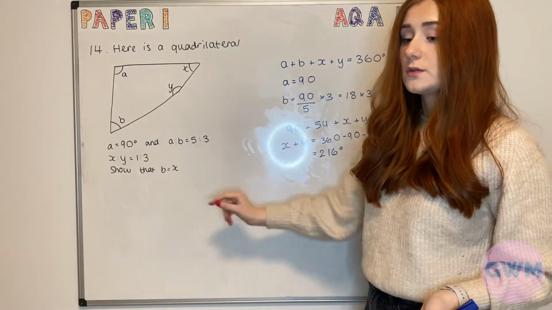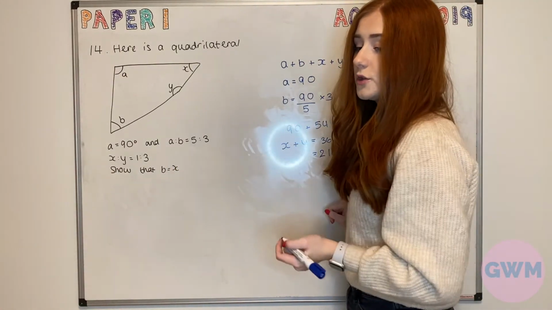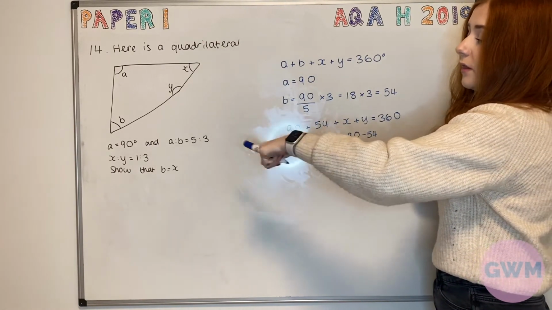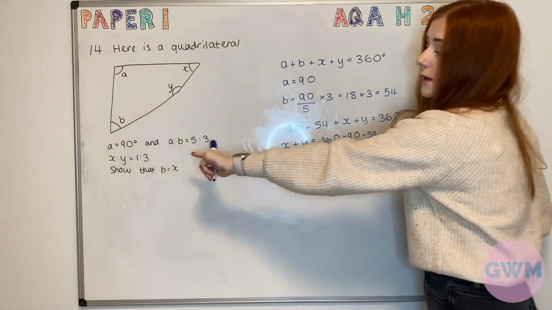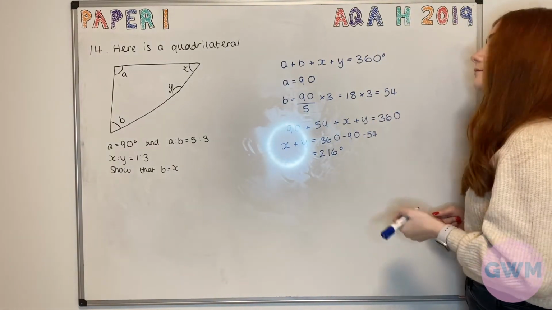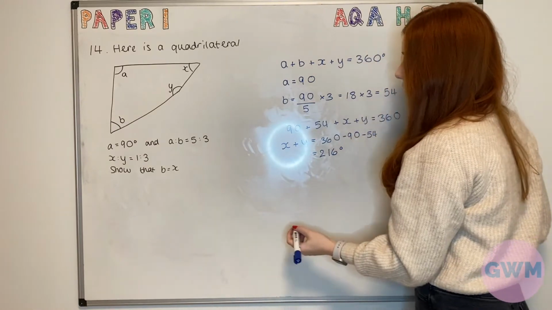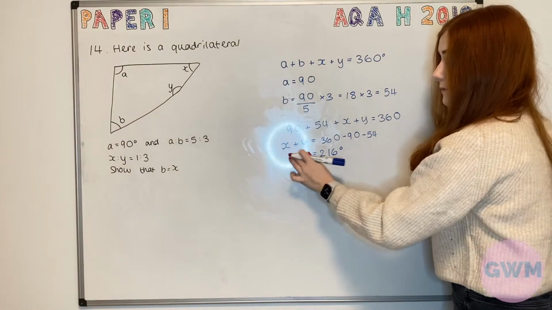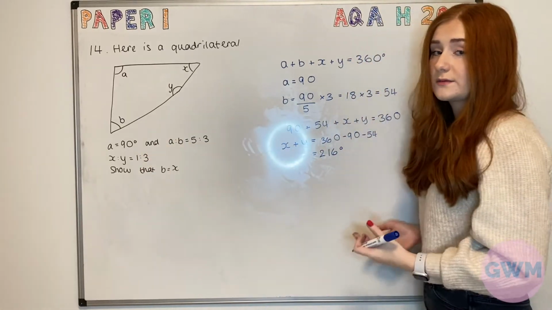We also have a relationship between x and y that we can use to solve this equation. We know that the whole thing is 4: 3 and 1 added together makes 4, so the ratio accounts for 4 portions. And we know x is one of those portions, so the 4 lots of portions must equal this number there, because we know x and y, and we know that the ratio is 1 to 3.